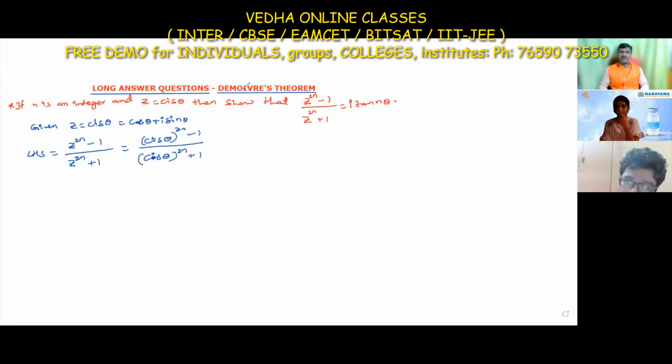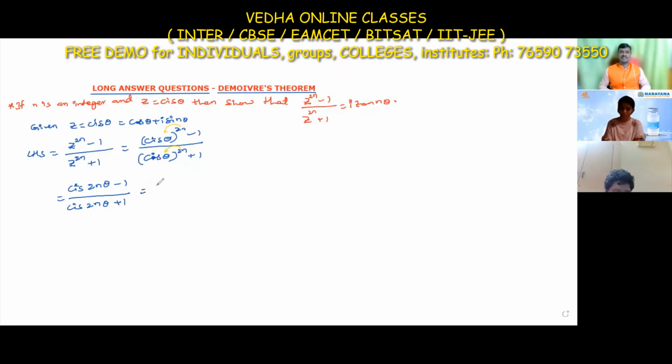According to De Moivre's theorem, this power we write in front of the theta. So now this becomes (cis 2n theta minus 1) divided by (cis 2n theta plus 1).